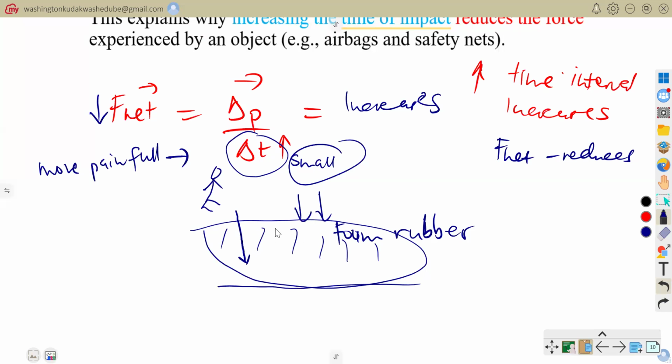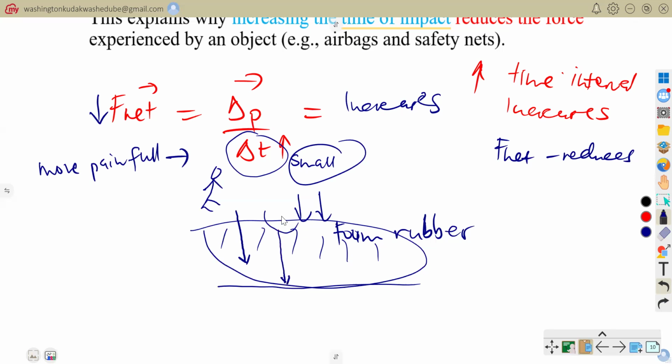Once you land on this foam rubber carpet, the sponge would carry you through until you reach the ground.